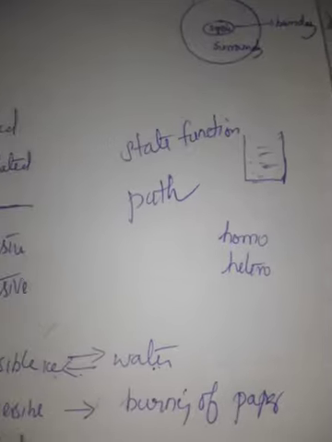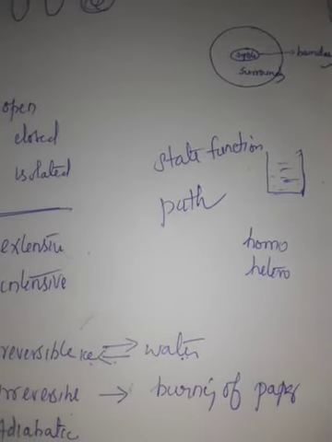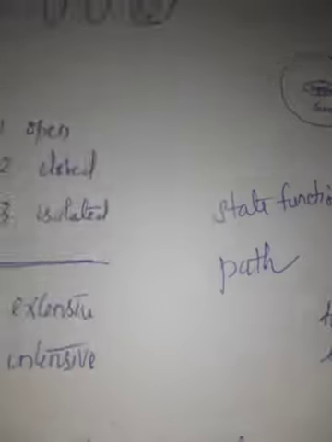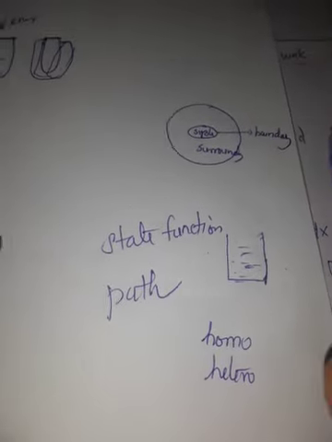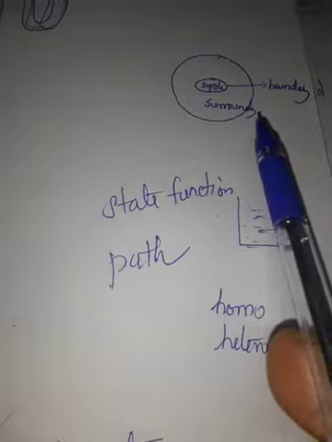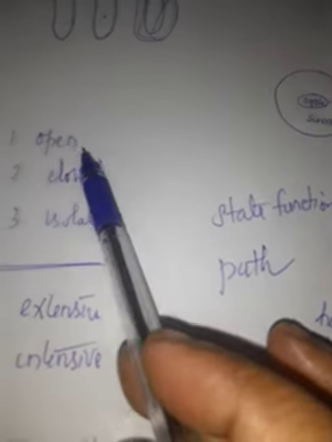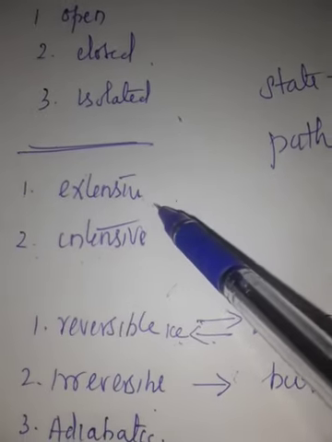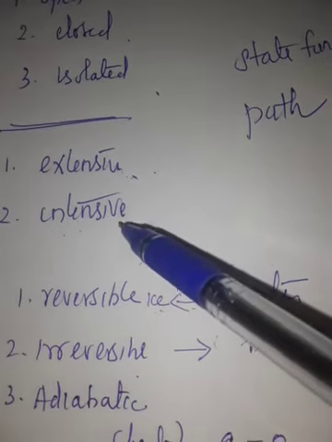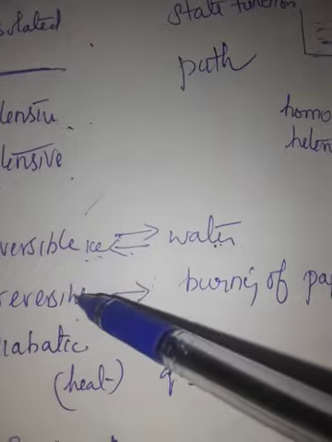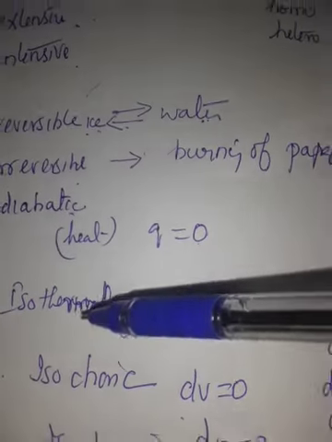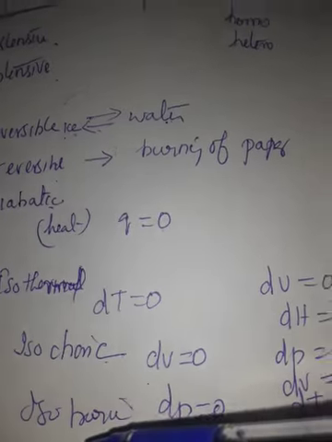Children, these are all given in the book, page numbers 187 to 190. That is system, surrounding, boundary, open system, closed system, isolated system, extensive property, intensive property, reversible process, irreversible process, adiabatic process, isothermal process, isochoric process, isobaric process.